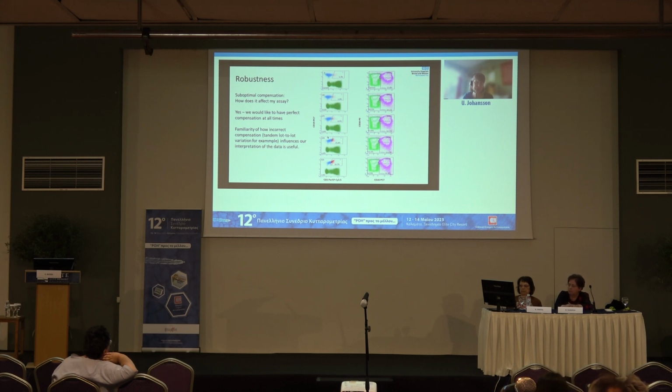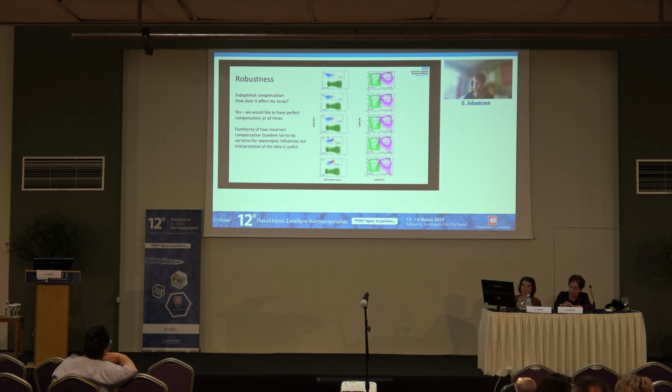It takes a very short time to do, but I like the idea of knowing that even if my compensation is well out of whack, even if my compensation is not correct, going, for example, from 3.7 up here to 6.5 there, it doesn't really change my readout.